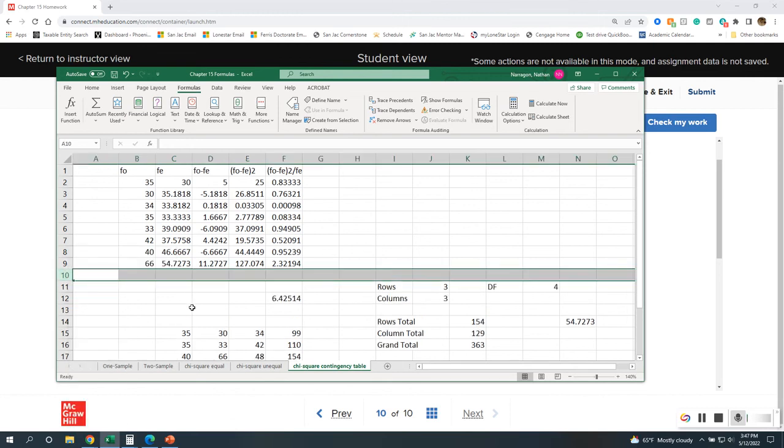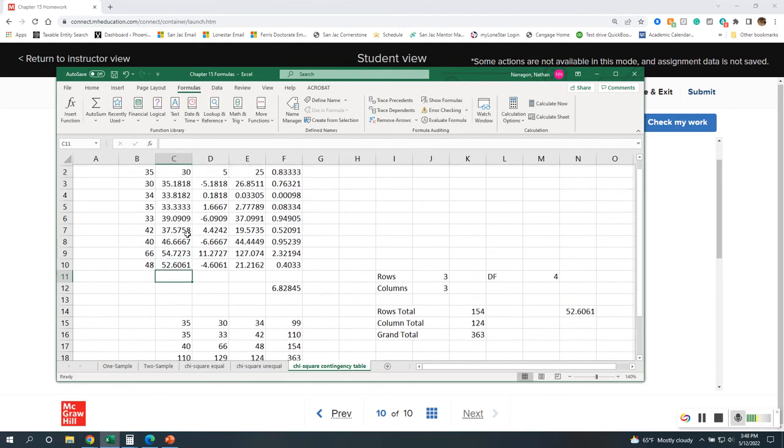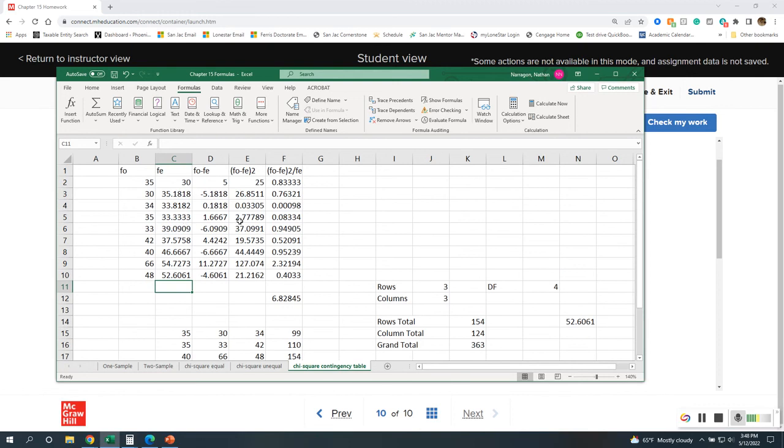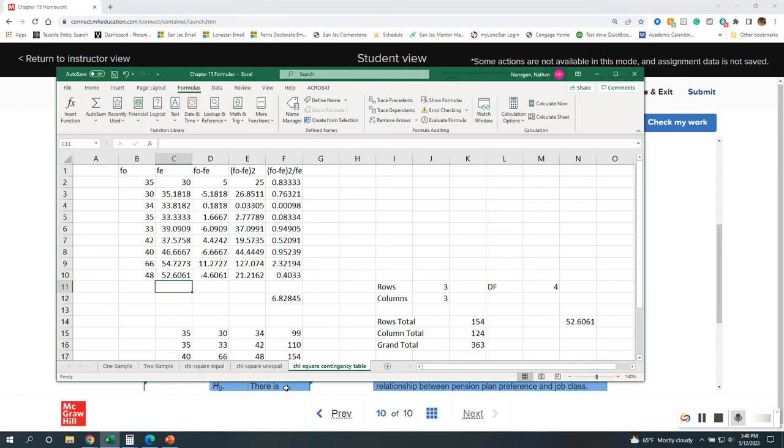I want to insert one more for 48. And their column total was 124. Give me 52.6061. Notice that sometimes with Excel, if you insert after the last formula row that you did, it automatically copies the formula from the previous one. It's always nice. So we're looking at 6 point, round to 3, 6.828.